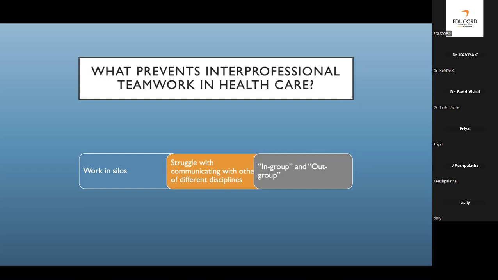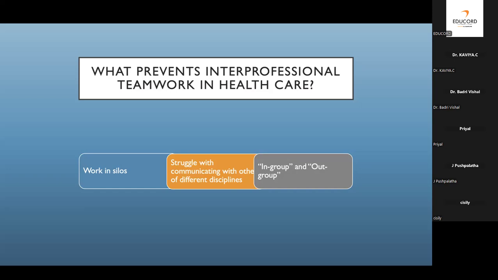If a person is trying to talk to a senior or a person of another discipline, and the quality of education is not that good, they will not be confident in representing themselves as that professional in front of the other person. This struggle goes on continuously for n number of years.